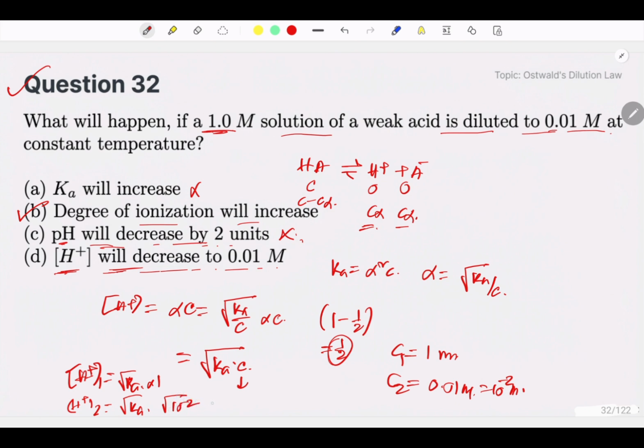So this value will result in root K into 1 by 10. Okay, so the H plus concentration will be 0.1 times, not 0.01 times. So that's why this is also not a right answer. The correct answer will be B.